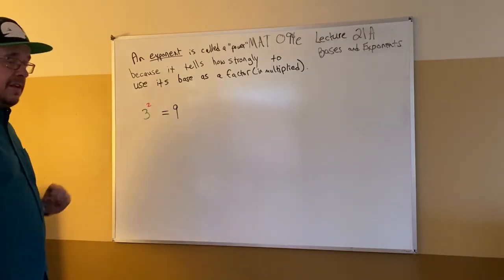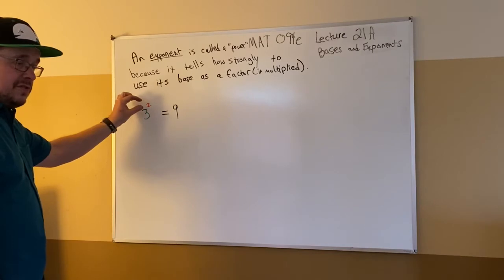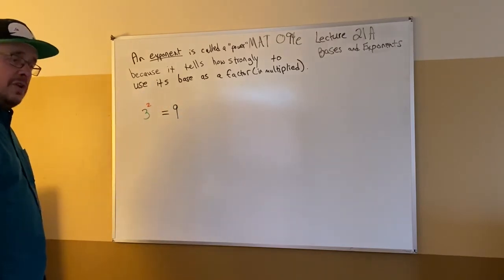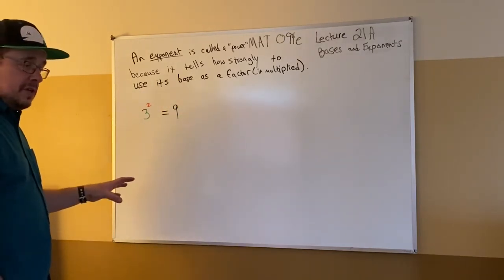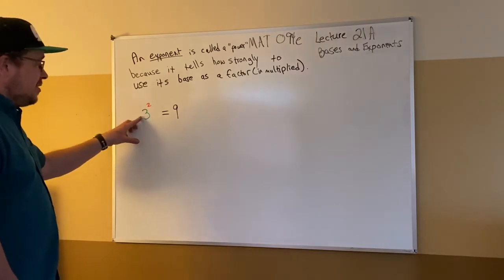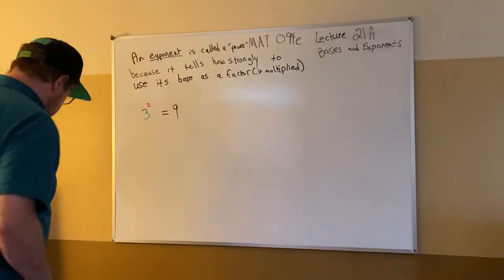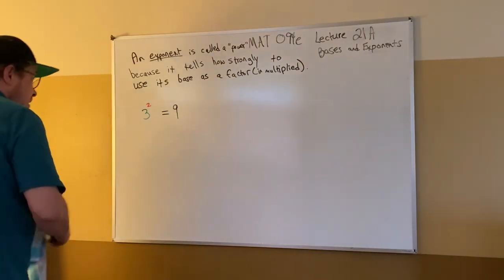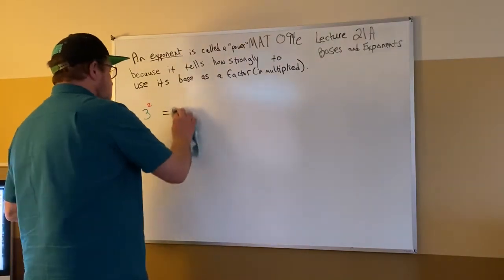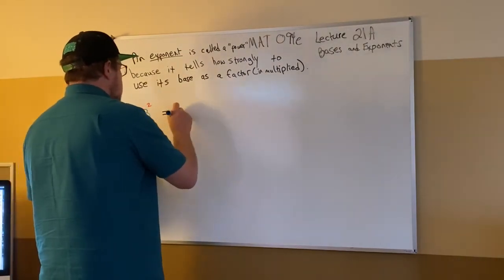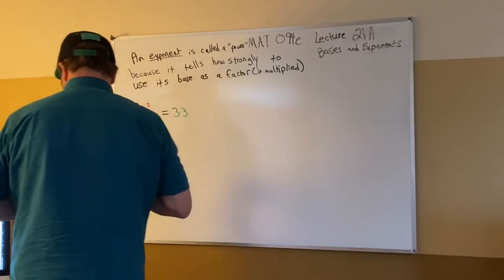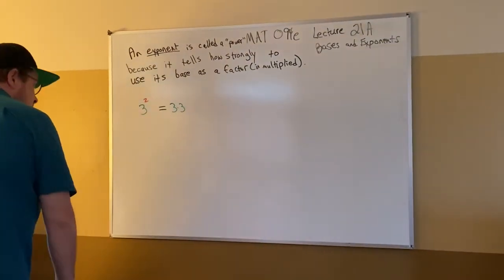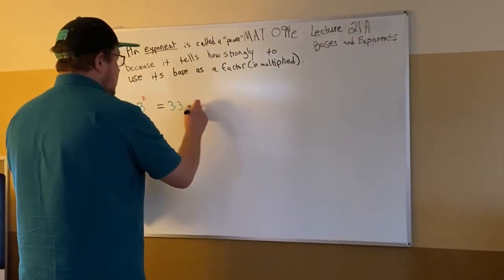Because of the elevated and smaller size use of the 2, that is not 3 to the 2 as in 32, it is not 3 times 2, it's let's use 3's, let's use them twice. Why did that make 9? Because I'm going to show you both of the 3's. And I'm not adding them to get 6. I multiply 3 times 3 and I get 9.